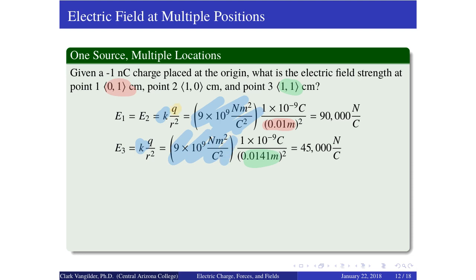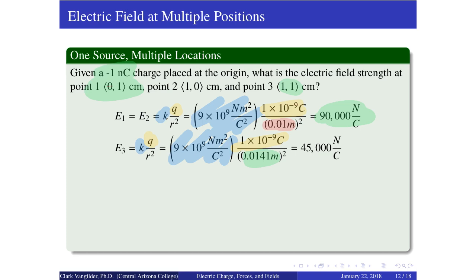Q is still just an elementary unit of charge. So these equations, you plug and chug, they get busy real fast, which is common in the sciences. And so we're able to obtain that the electric field at location 1, due to a minus 1 nanocoulomb, is going to be 90,000 newtons per coulomb, which is a lot.